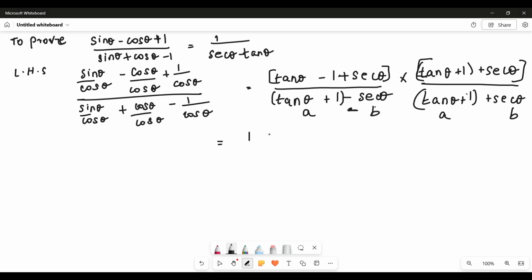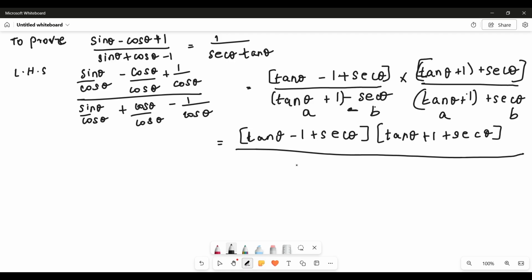The numerator becomes tan theta minus 1 plus secant theta times tan theta plus 1 plus secant theta, removing the parenthesis around the first two terms, over the a squared minus b squared formula. So a is 1 plus tan theta, so tan theta plus 1 the whole square, minus b squared, which is secant squared theta.